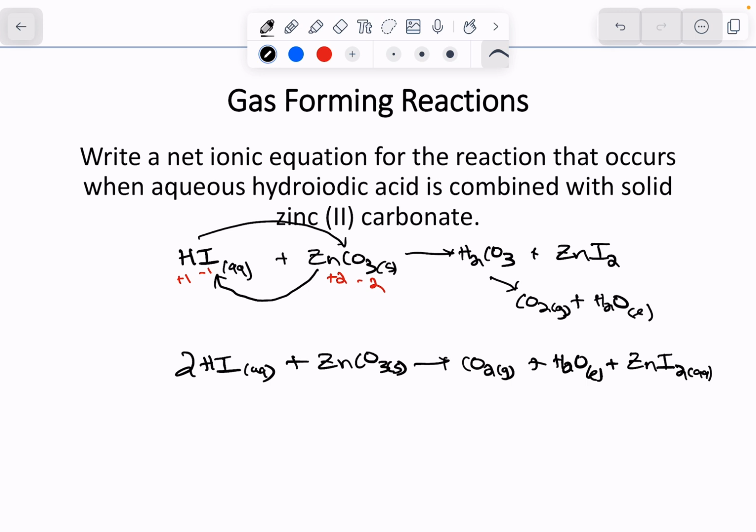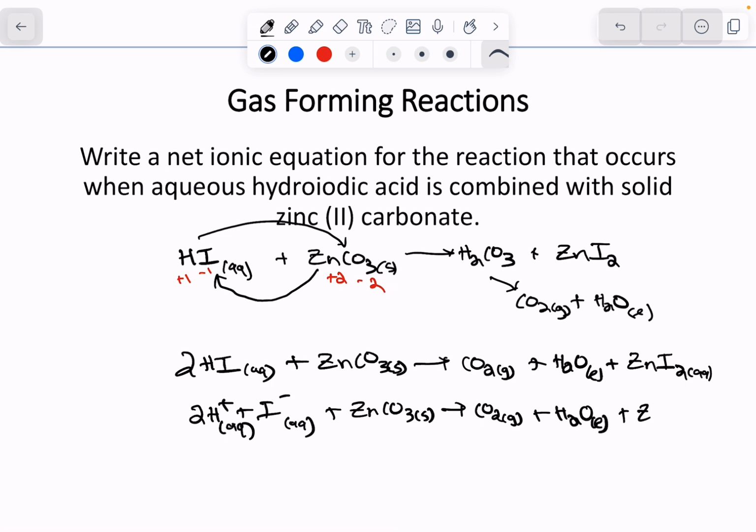Anything that can be soluble will break down. HI is a strong acid, so 2H plus, 2I minus, aqueous. The solid doesn't move, ZnCO3 solid. CO2 is a gas, so we don't break that down. Pure water does not break down either. And then you're left with Zn2 plus, 2I minus, aqueous.